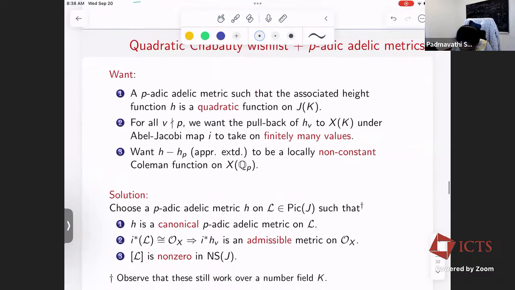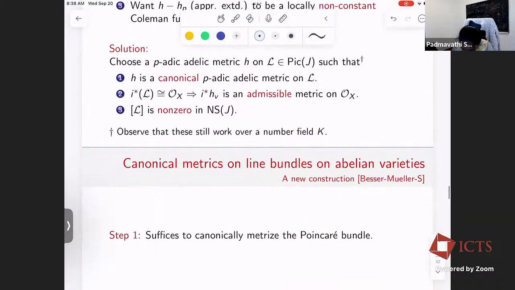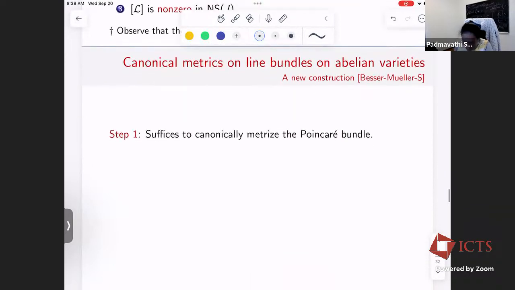And again, I point out that this really just works for any variety and any line bundle over a number field, provided you have the data of a curvature form. So the way we build these canonical adelic metrics, we don't do this for each line bundle.